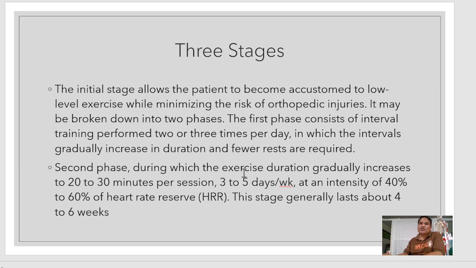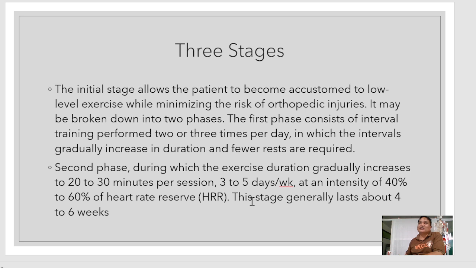The duration increases and the rest becomes fewer. So the second phase, during which the exercise duration gradually increases to 20 to 30 minutes per session, 3 times per week, at an intensity of 40% to 60% of heart rate reserve. This stage generally lasts about 4 to 6 weeks.